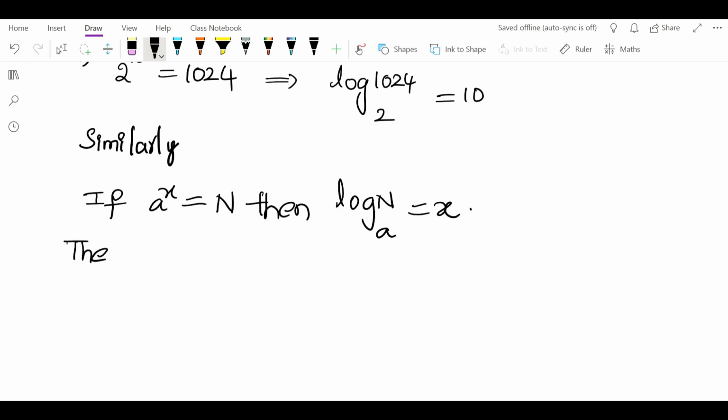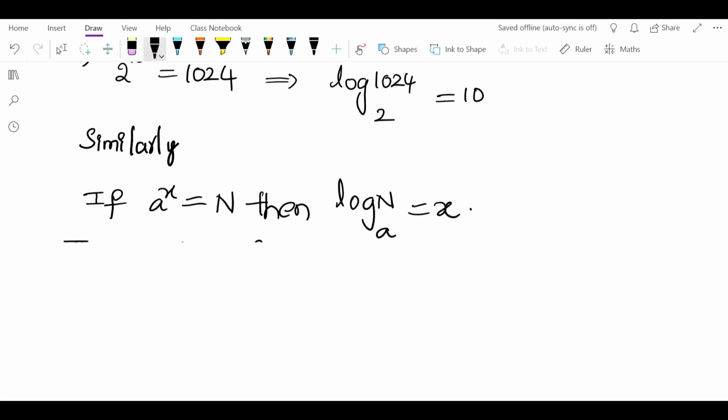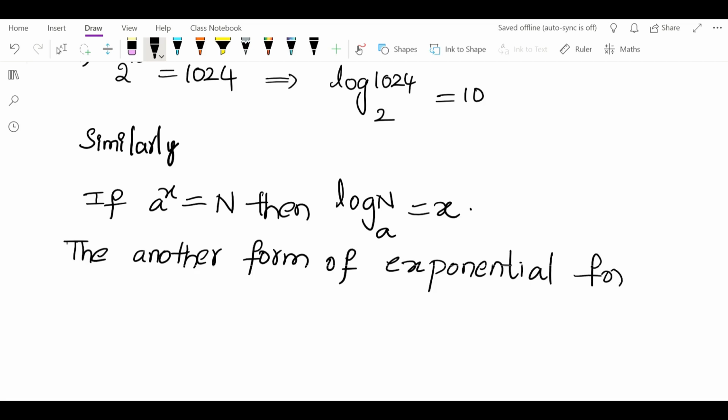The another form of exponential form is logarithmic form.